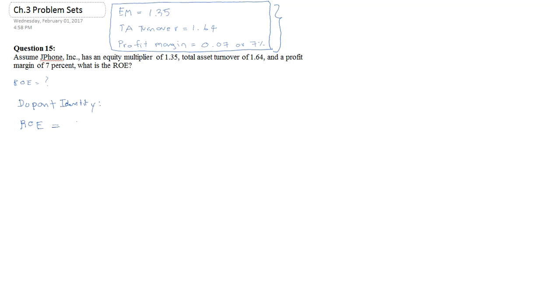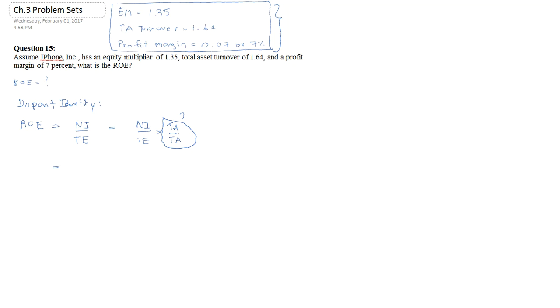We start from ROE, which we know is equal to net income divided by total equity. If I multiply the numerator and denominator with total asset divided by total asset, this part is just 1.